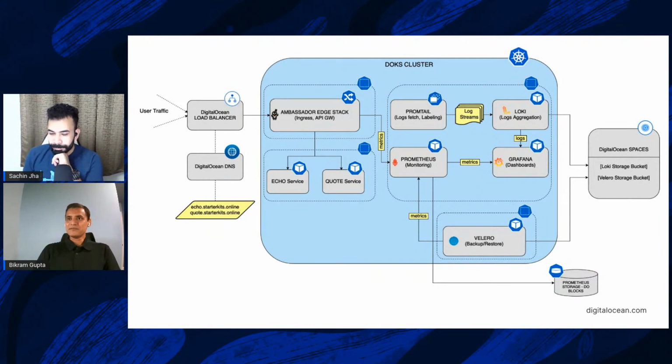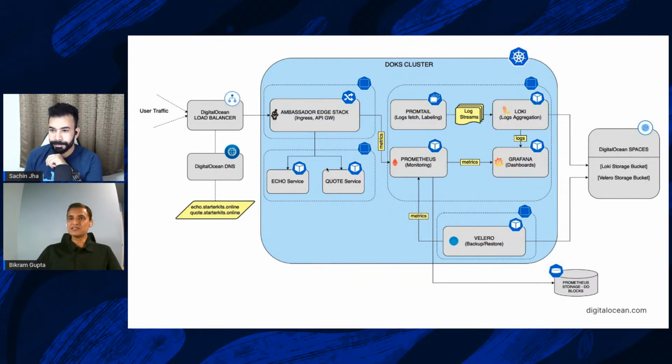This is the block diagram, and I'm hoping that some of you already have access to the GitHub repo because it's public, and we are also sharing that in another screen. While this looks daunting, it's actually simple. Think of one application that you are deploying on Kubernetes. In this case, we are taking 2 applications. One is our echo service, and one is our quote service.